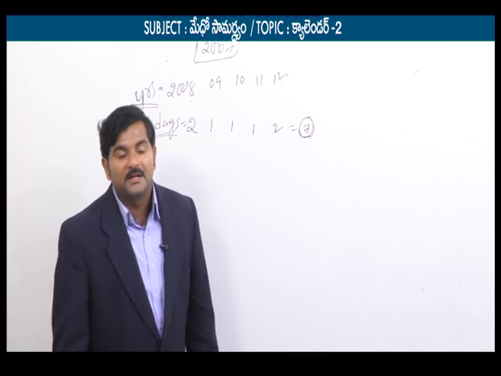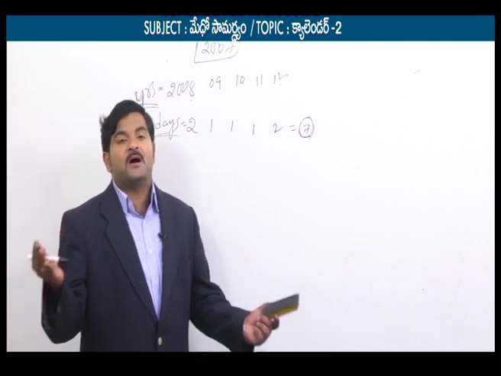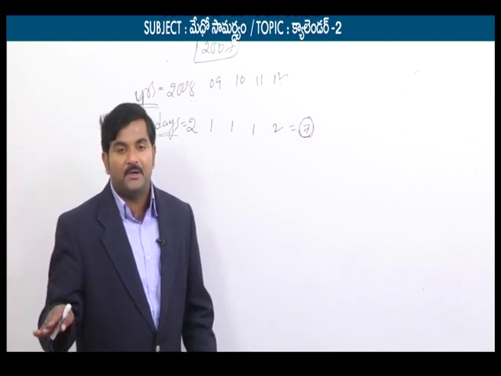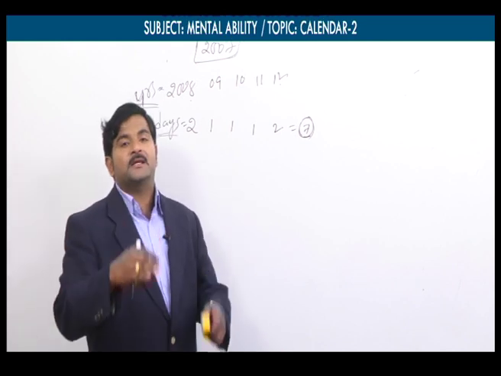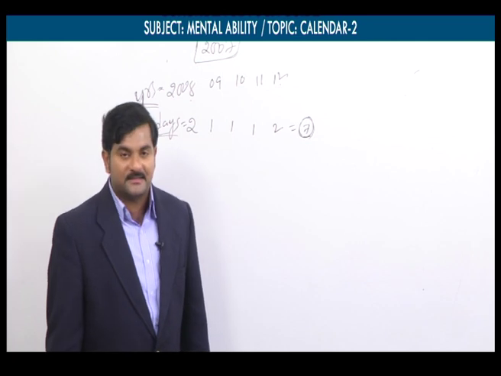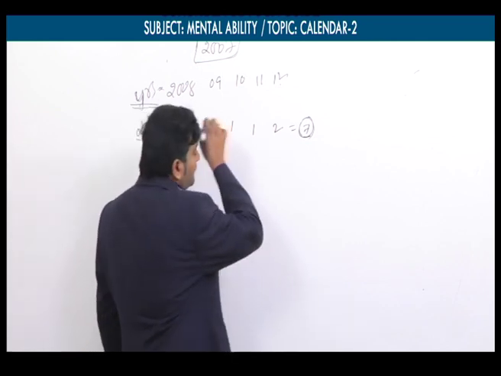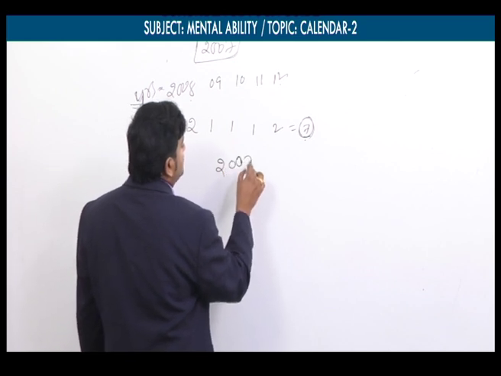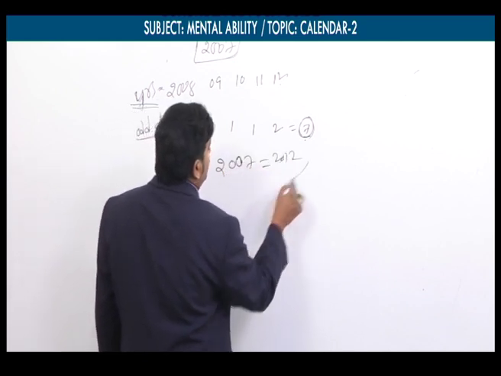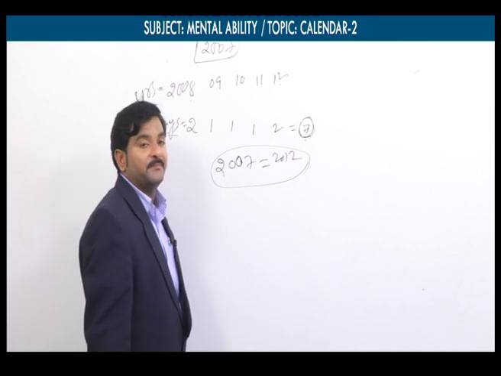What is the concept? If you get the sum of the odd days as a multiple of 7, then the given year and that particular year both have the same calendar. But what happened here? Of course I am getting 7 only. Now what will you say according to my concept? 2007 and 2012 both have the same calendar.